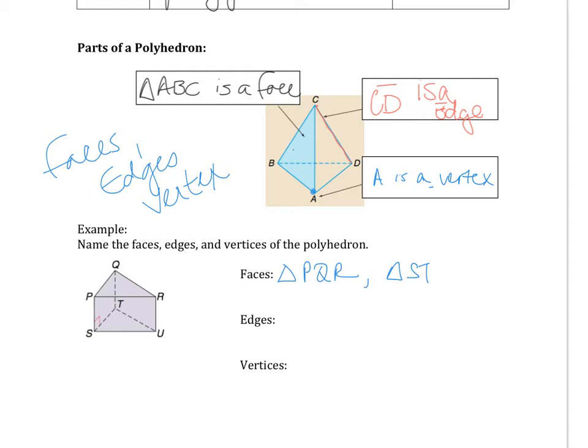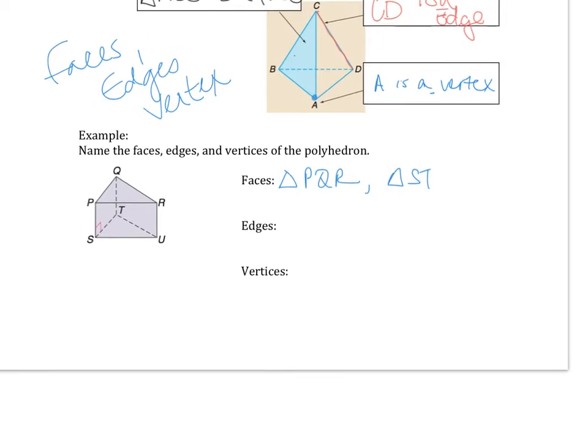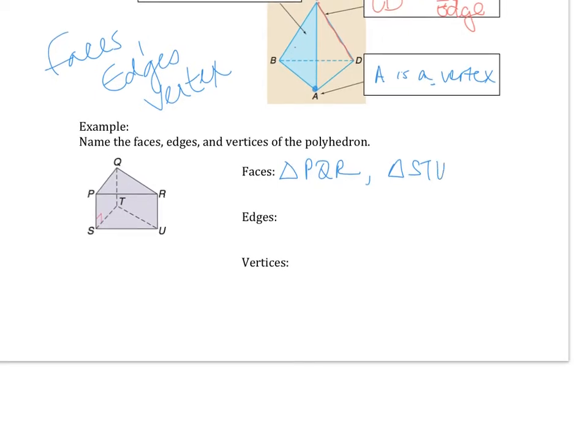And then I've got three sides. I've got this front rectangle, so that's PRSU. I've got this side one right here, that is PQTS. And then I've got this side one right there, and that is QRUT. We just got to name those in order.